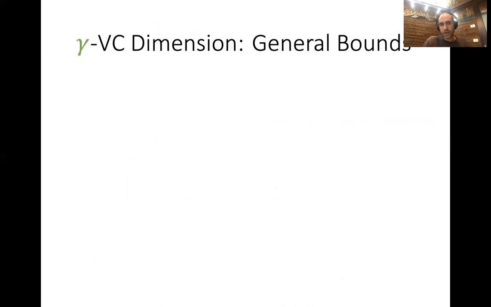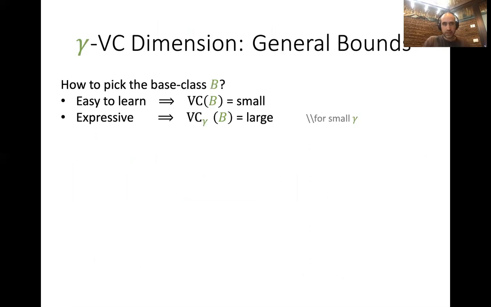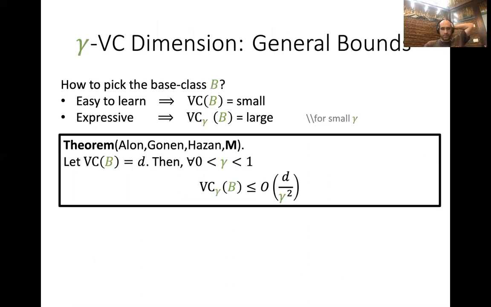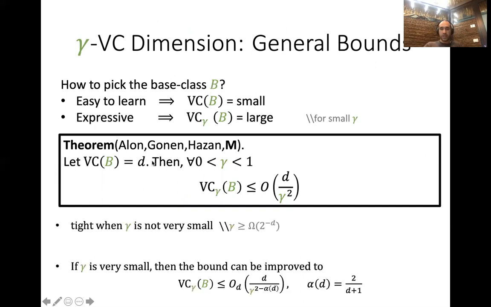We prove general bounds, in particular that the gamma VC dimension is in general no more than d over gamma squared, where d is the VC dimension of the base class. We are able to slightly improve this bound, but then we get worse dependence on the VC dimension.